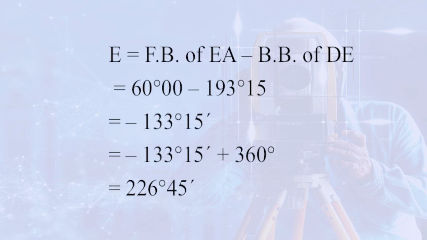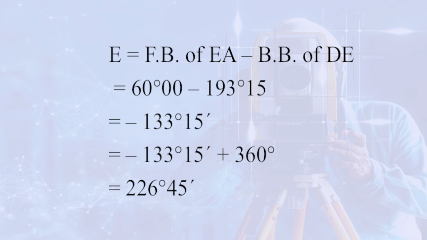Lastly, the included angle E is given as forebearing of EA minus back bearing of DE. Forebearing of EA we have calculated as 60 degree and back bearing of DE we have calculated as 193 degree 15 minutes. So, the equation will be 60 degree minus 193 degree 15 minutes, which will result in minus 133 degree 15 minutes.